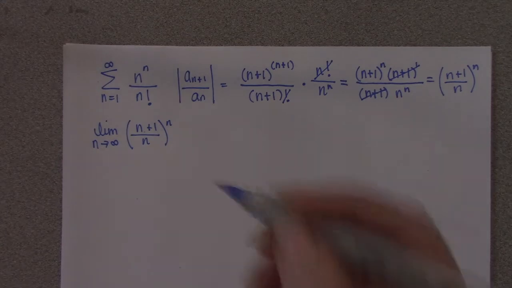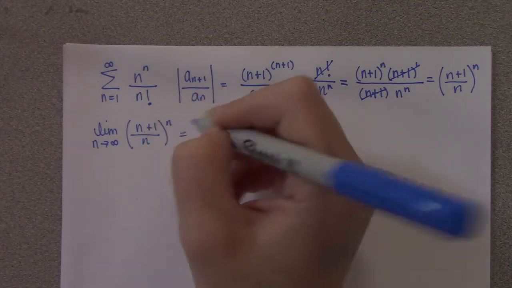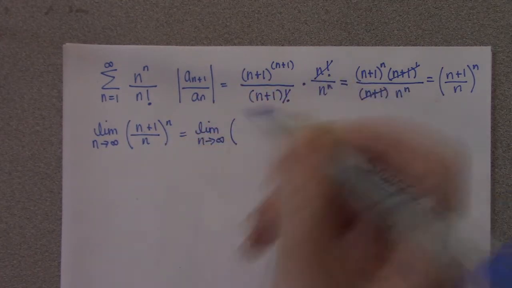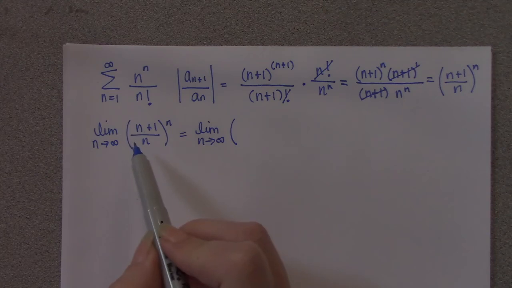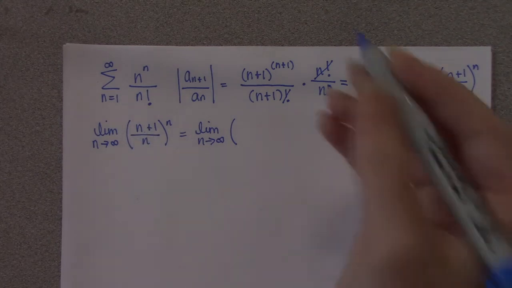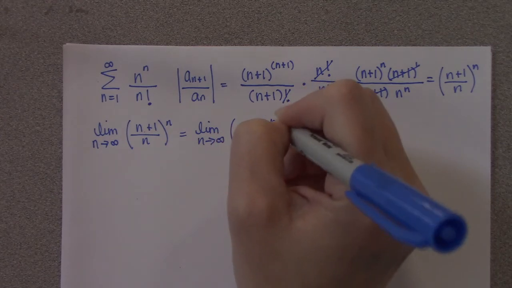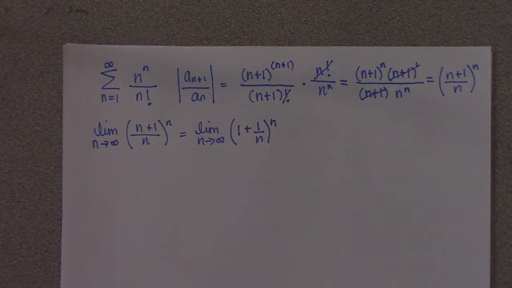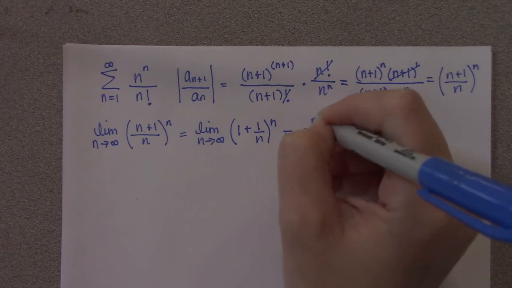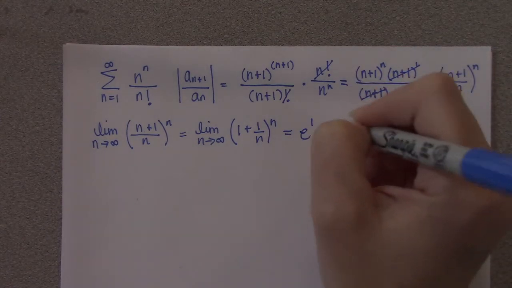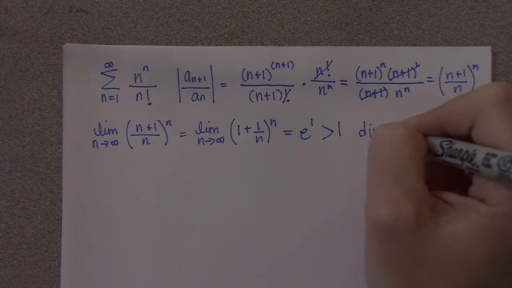So in order to tell that, I'm going to split the stuff up inside. So this is the same thing as saying n over n plus 1 over n. So n over n is 1 plus 1 over n, and that is in fact equal to e to the 1. So is e greater than or less than 1? Greater than. So this is greater than 1, so this thing diverges.